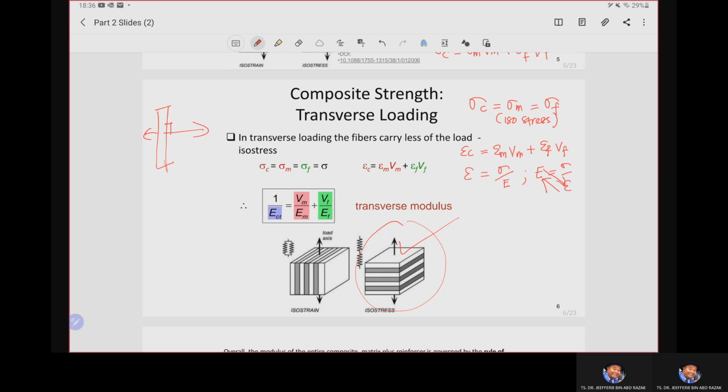We can rewrite it as sigma C over E composite, based on this equation, equals sigma M, the stress of the matrix, divided by the modulus of the matrix, plus sigma F over the modulus of the fibers.